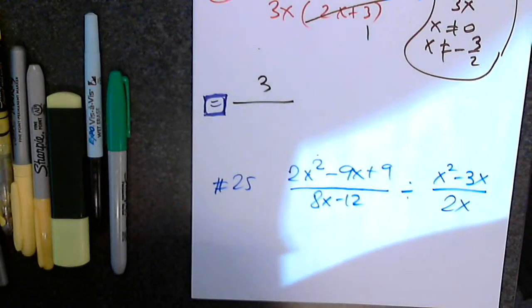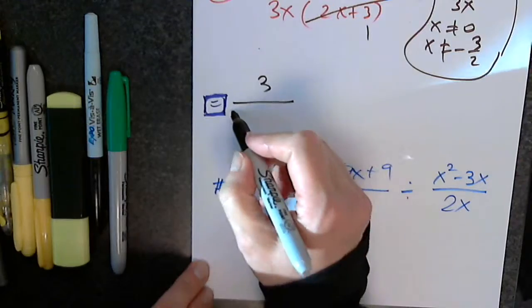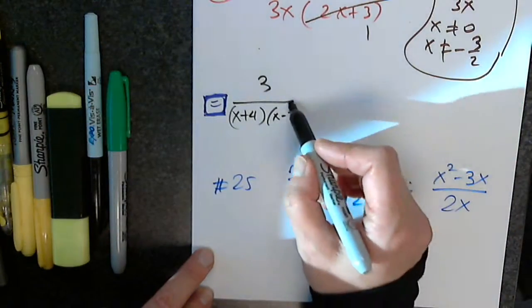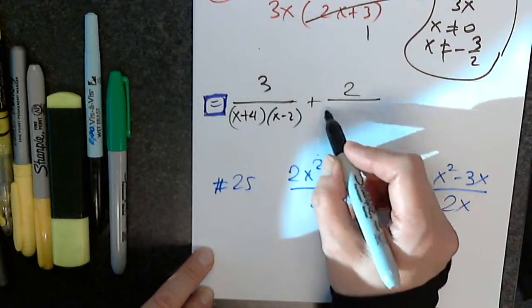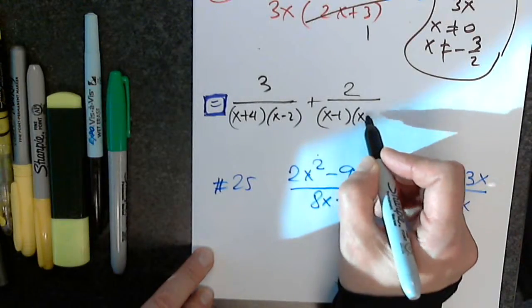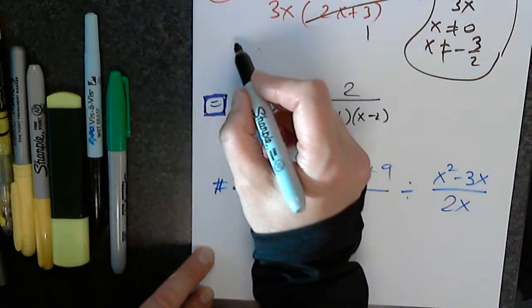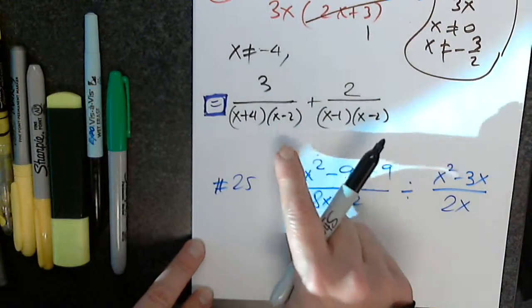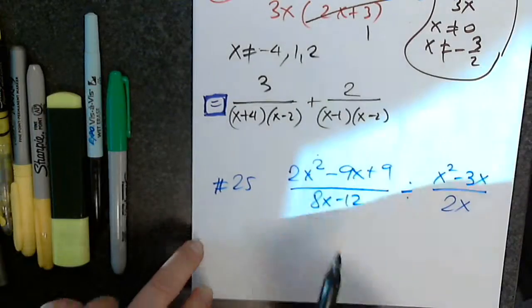Can anyone tell us what to do with minus 2 plus 2 over? Very good. How many restrictions will you give? So you will give -4, right? You will give 1 and 2, correct?